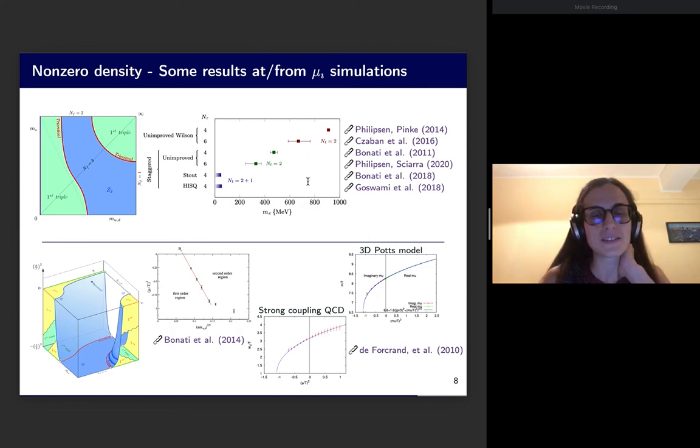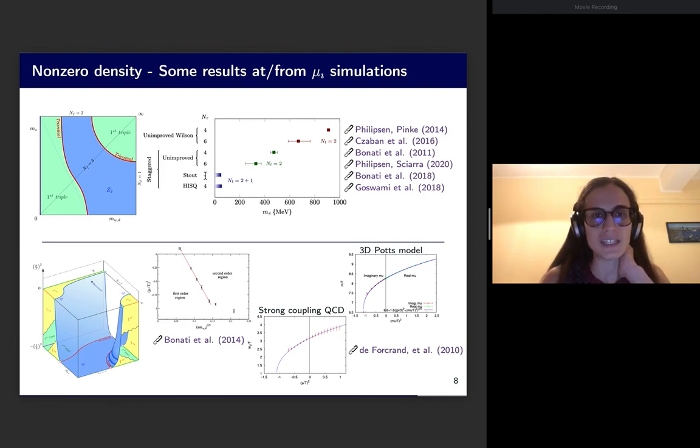This plot, which is taken from this paper over here, proves that there has been a lot of work invested in this. And unfortunately, what it also proves is that we don't have continuum extrapolated results yet, and there is a very strong dependence on many things.